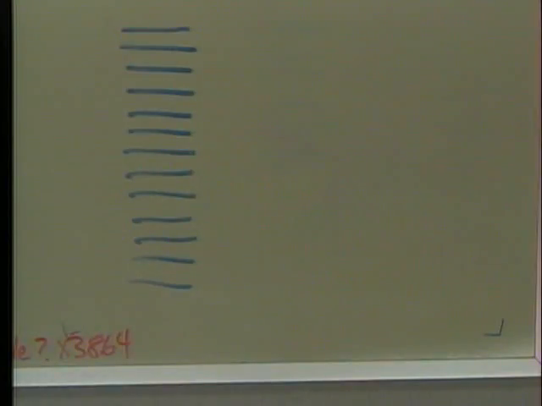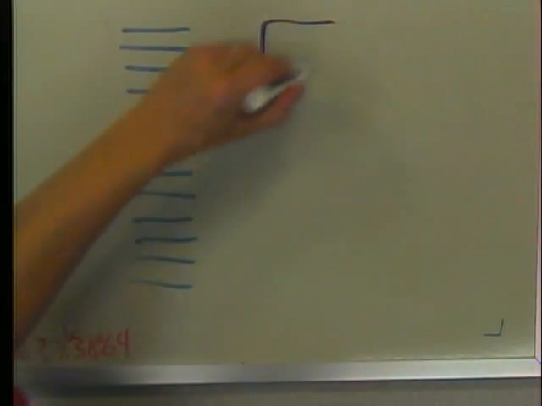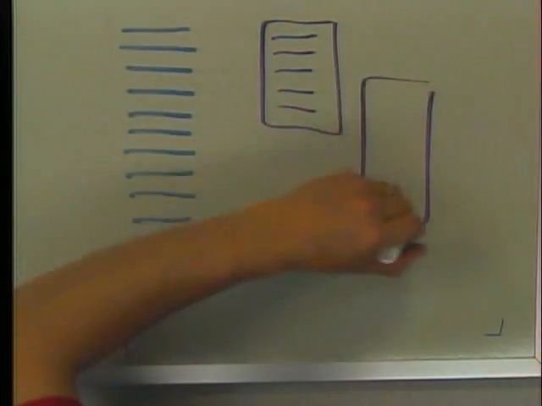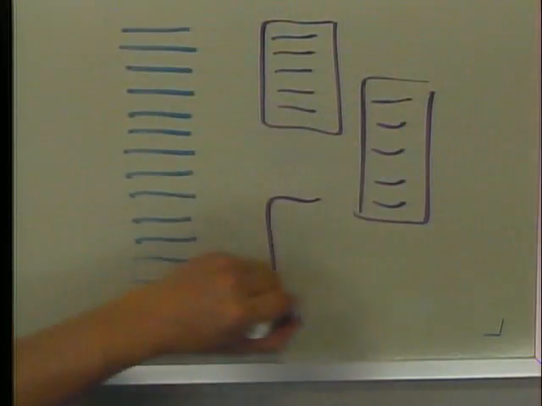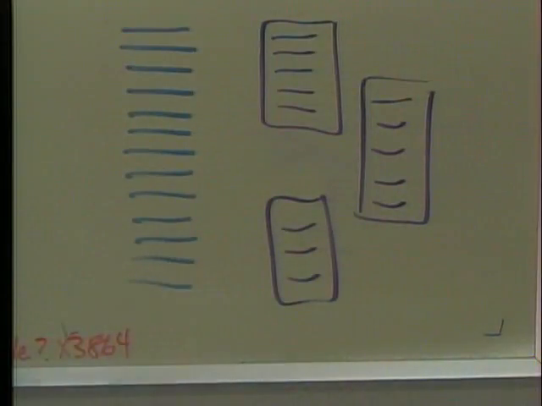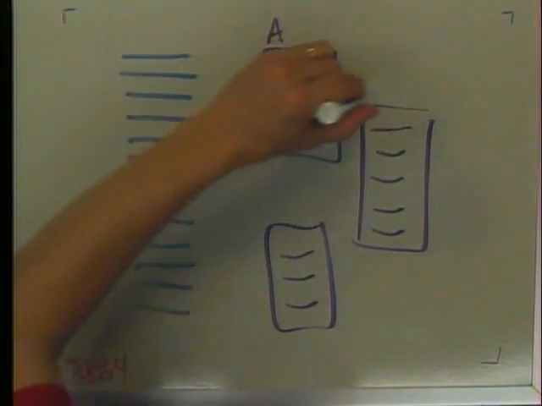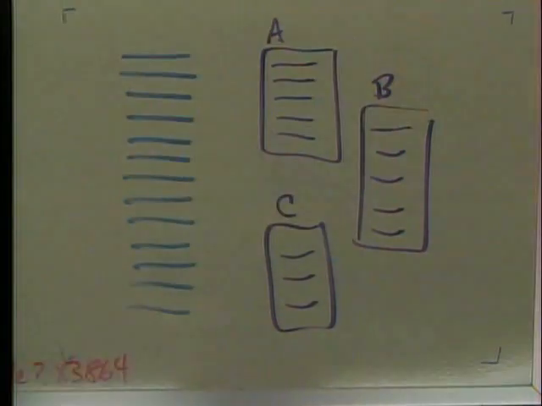We break it apart a little bit. And so we would say, okay, we've got a module that does this part, and another module that does this part, and another that does that part. Say this module is called A, and we've got B, C.